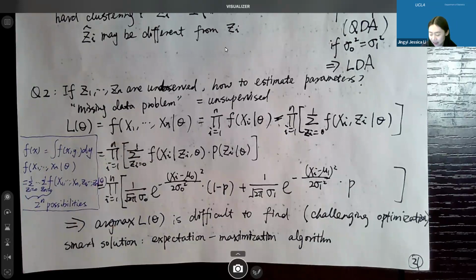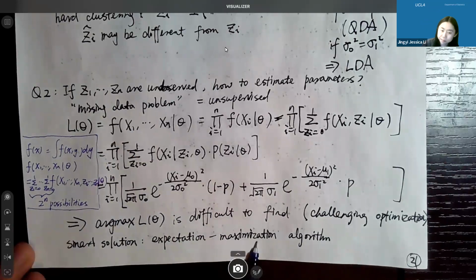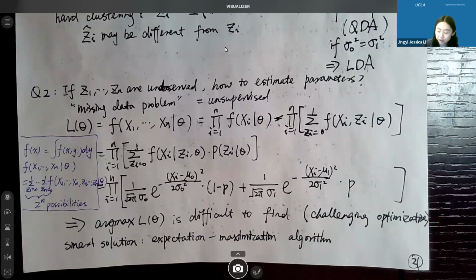That's the whole goal. So basically in the EM algorithm, the expectation is taken over the latent data in some way, and then in the second step, we maximize that expectation. So hopefully we are able to maximize this likelihood, our target.